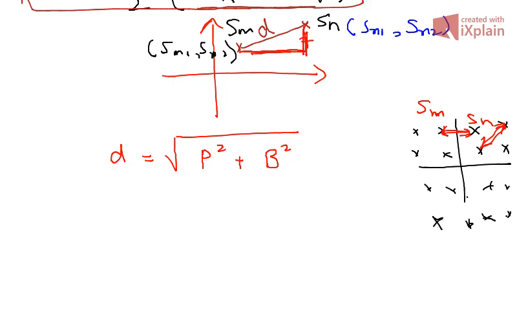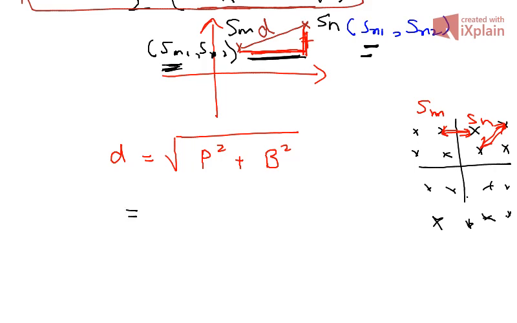Now if you are interested to find out this length, you would subtract Sm1 from Sn1, or because we are taking the square, you can also subtract Sn1 from Sm1. You can take any one and just subtract it.